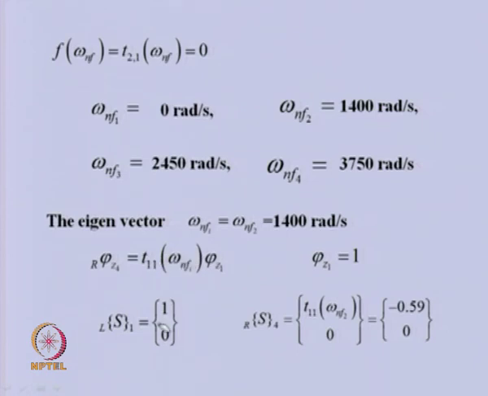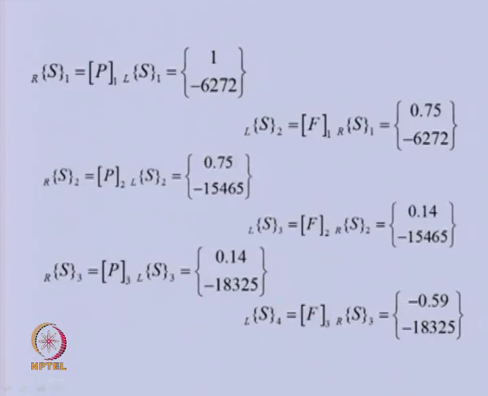So, we know the state vector at the left of 1, and then we can obtain the right of 4th using this, because we know the natural frequency we can substitute to get this, and we can march back to get the state vector at various locations like this, at left of 2 or right of 2, right of 3.